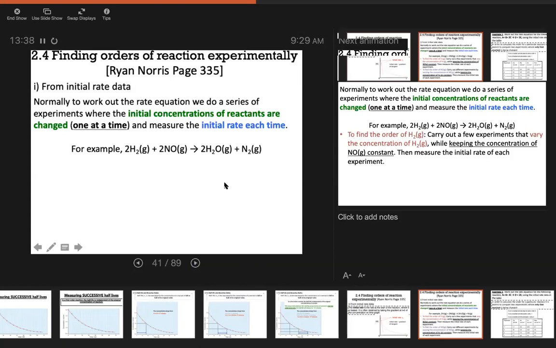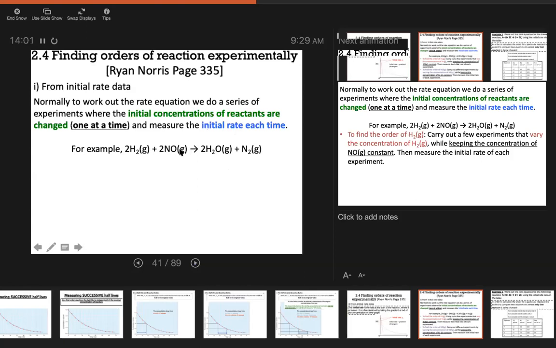So what do I mean by this? For example, I have a reaction of hydrogen gas reacting with nitrogen monoxide gas to form water, steam, and nitrogen gas. Now, I want to find the orders of this reaction and eventually I want to write down the rate equation.